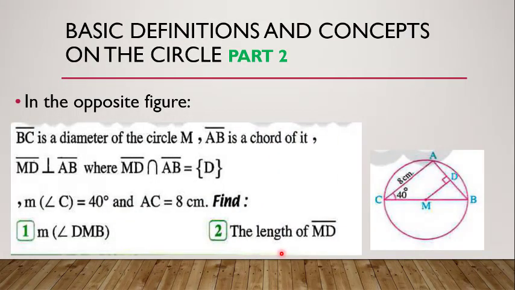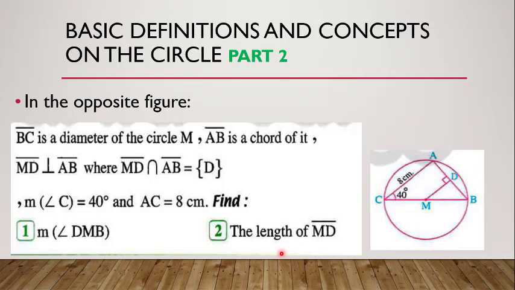Let's take some exercises. The first one here, we have a line segment BC, and this line segment is a diameter in the circle M, as you can see in the opposite figure. The line segment AB is a chord. MD perpendicular to AB.